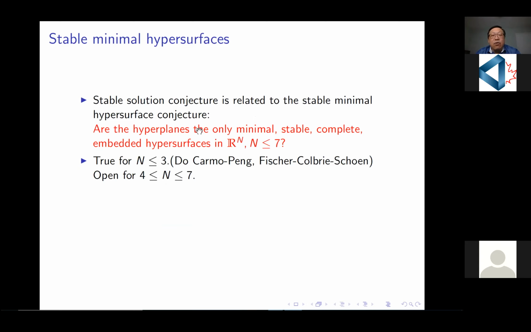One expects that dimension 3 should be true because for minimal surfaces, we know that the stable minimal surfaces in dimension 3 are necessarily hyperplanes. This is a classical result by do Carmo and Peng, Fischer-Colbrie and Schoen. And of course, for stable minimal surfaces it is open in dimensions 4 to 7.